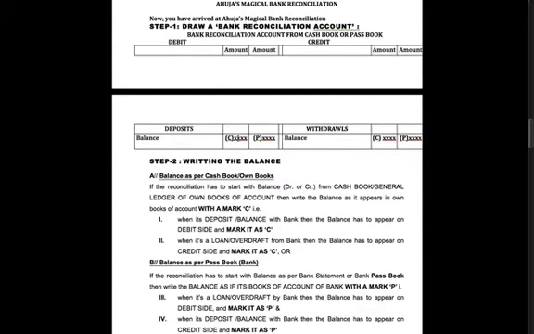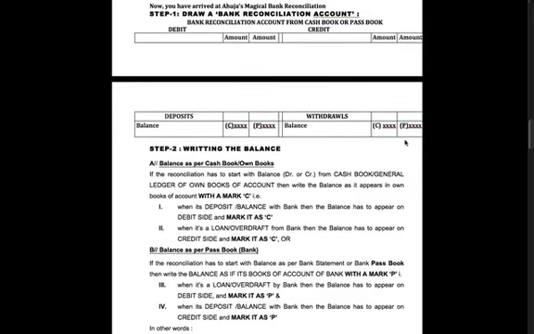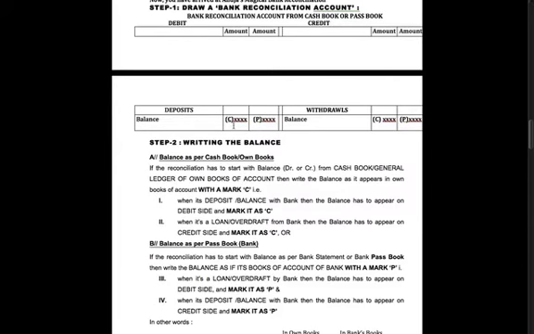Whenever it is a cash book balance, along with the balance you have to write C in brackets on either side. But if the balance is from the passbook, then you have to write P, whichever side it may be. I'll tell you later why to mark the opening balance with C or P.